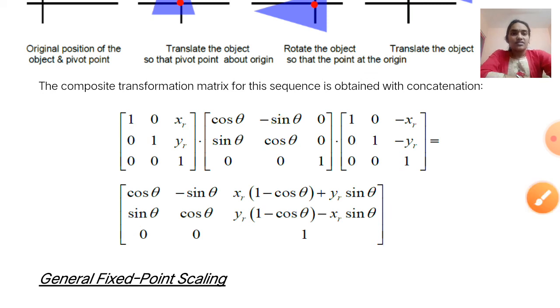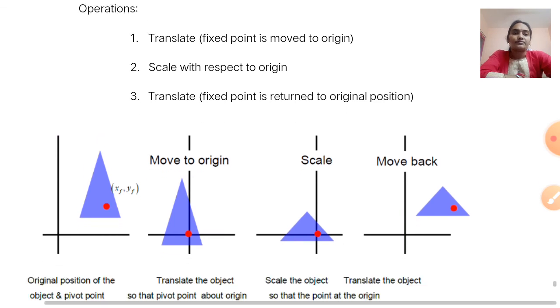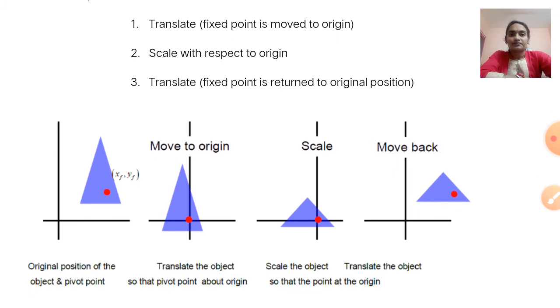Okay, next we will discuss general fixed point scaling. This one is your rotation and this one is your scaling. Scaling also follows three steps. First, translate the object to the origin. Then scale with respect to the origin, then translate the fixed point back to the original position.